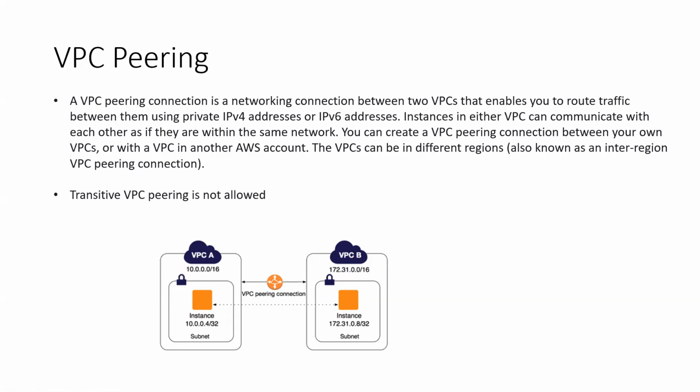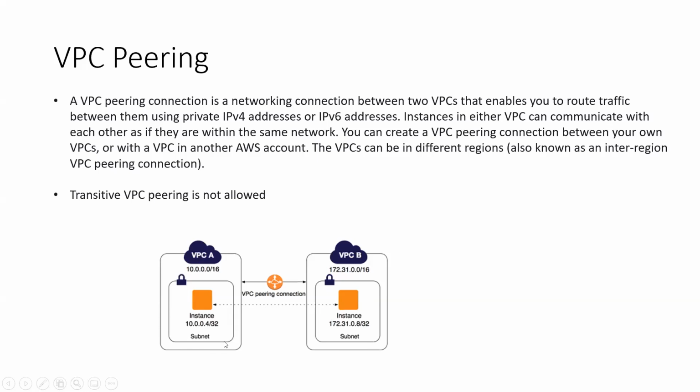Imagine this as a big VPC with everybody. But if you imagine one big VPC, you can only have one IP CIDR range, right? If I start with 10.0.0, that's what it is.